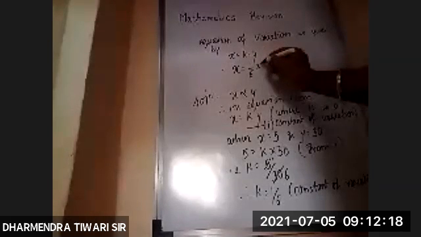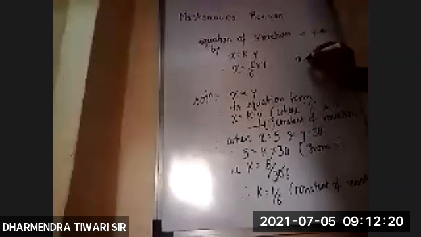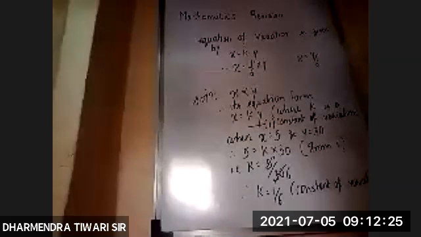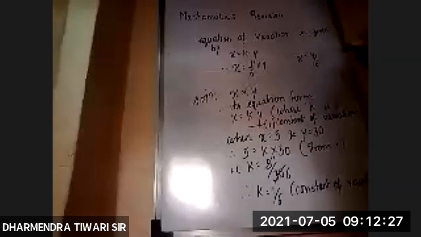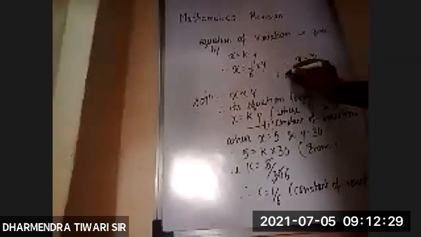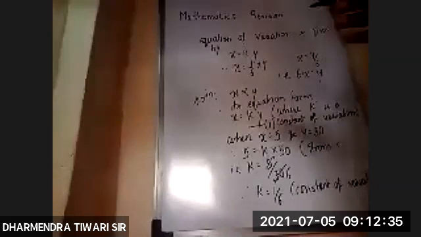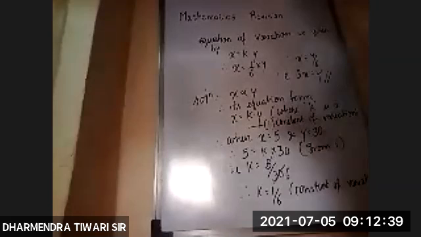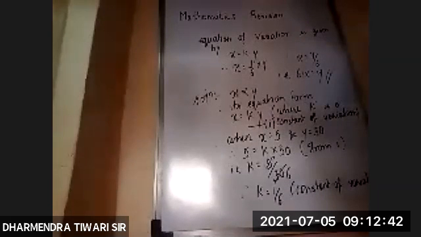Therefore, x is equal to y by 6. Or if you don't want this 6 in the denominator, you can write this as 6x is equal to y as the equation of variation. Done. This is the required answer for the given question.